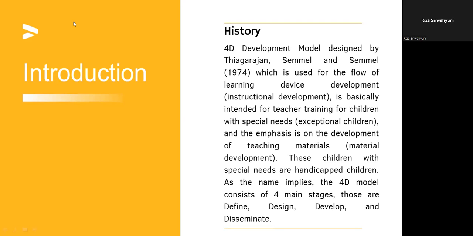It is used for the flow of learning device development, or instructional development, and is basically intended for teacher training for children with special needs, or exceptional children. The emphasis is on the development of teaching materials. These children with special needs are handicapped children. And 4D actually consists of 4 main stages: define, design, develop, and disseminate.